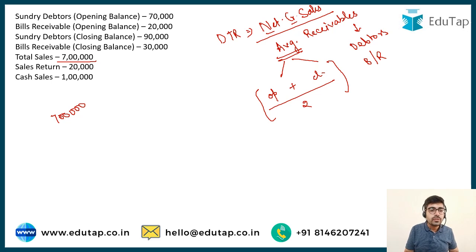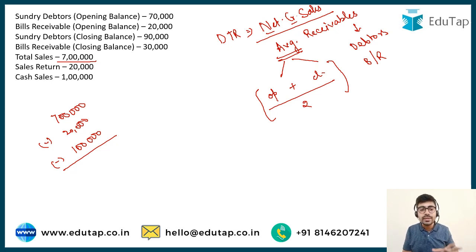So from the sales figure of 7 lakh, we have to reduce the sales return, the sales which were made, but eventually the goods were returned. So we subtract it, and again we subtract the cash sales which were made, because we have to only consider the credit sales here. So if we subtract these two figures, we would get the net credit sales which were made. So this is going to be 5,80,000, and the denominator, let's compute it as well.